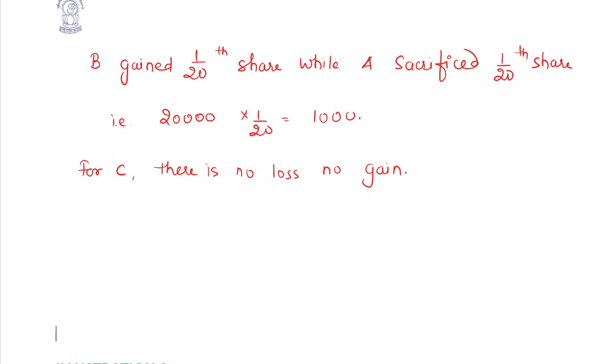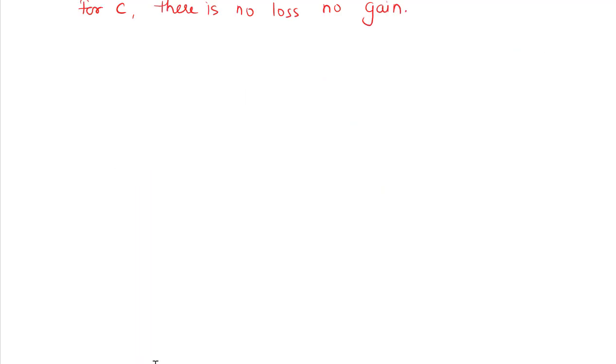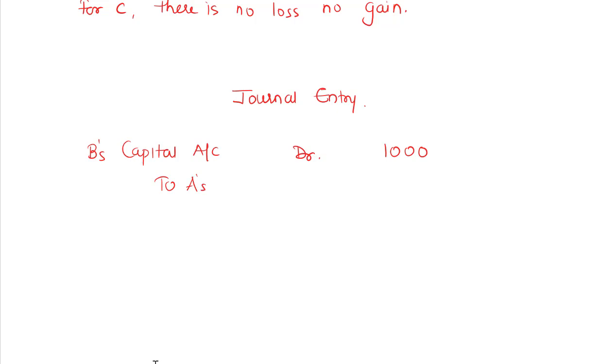Journal entry. B's capital account debit 1,000 to A's capital account 1,000.